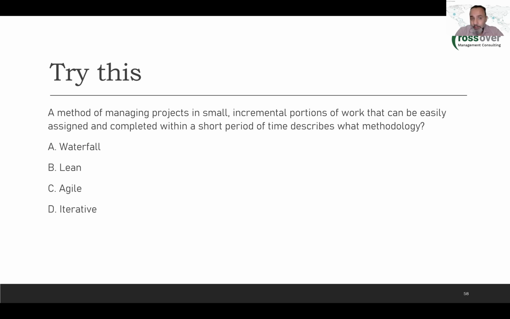So we have here the project done in small incremental work. Notice the word incremental. Incremental means it's not iterative. You cannot select iterative, right? D is wrong. But you can select what? Yes, you can select agile, because agile is incremental and iterative. Yes, correct.